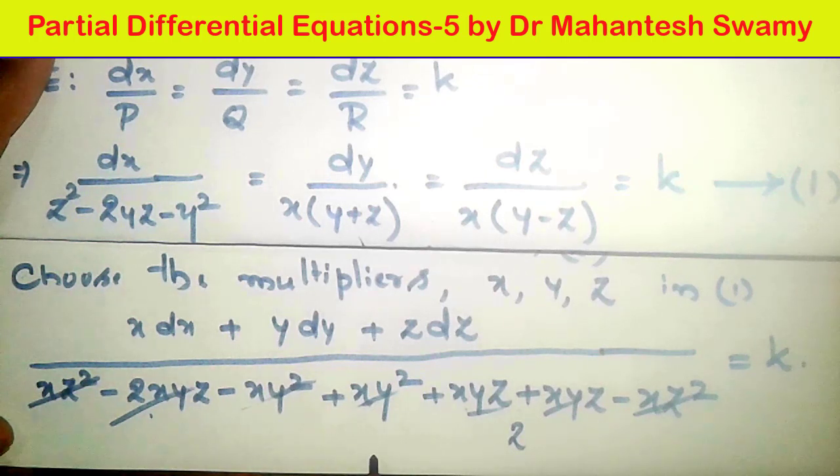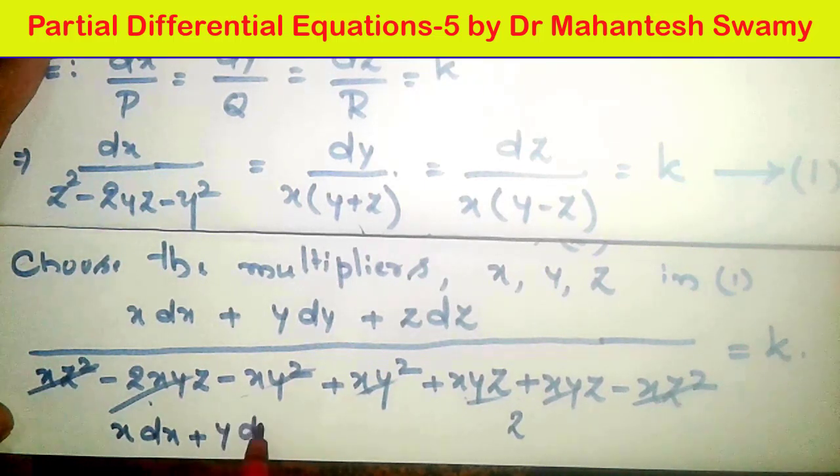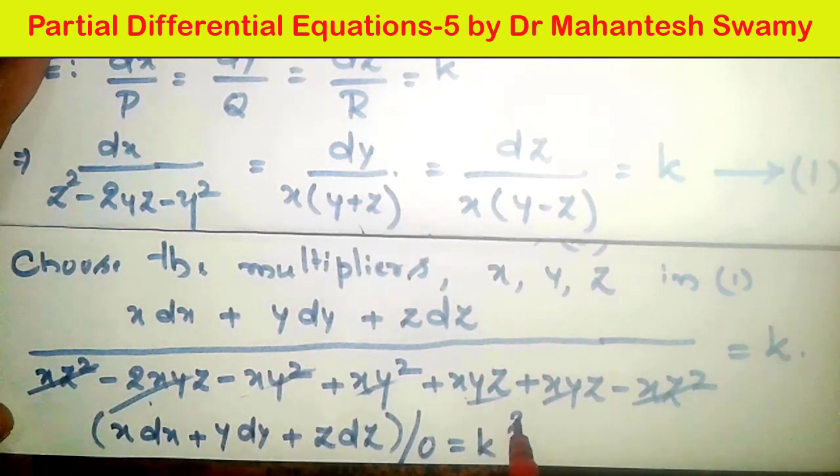So entirely the denominator is going to be 0. So what can we write? x dx plus y dy plus z dz divided by 0. I will write here divided by 0, and on RHS it is k.